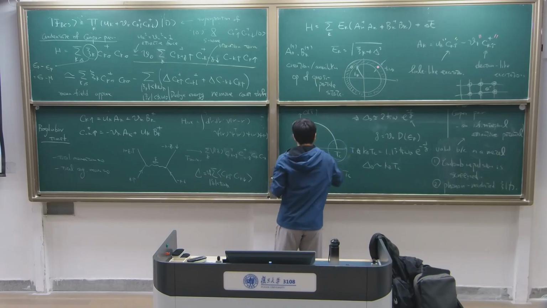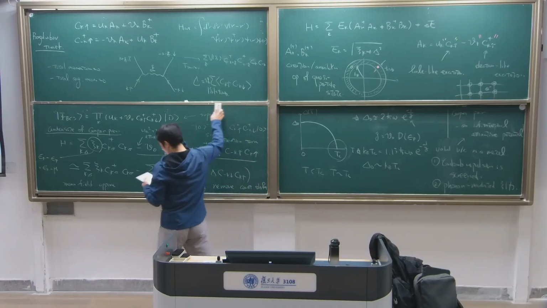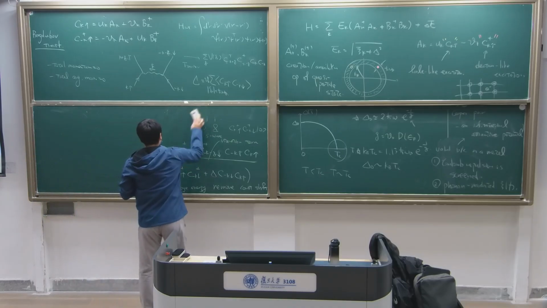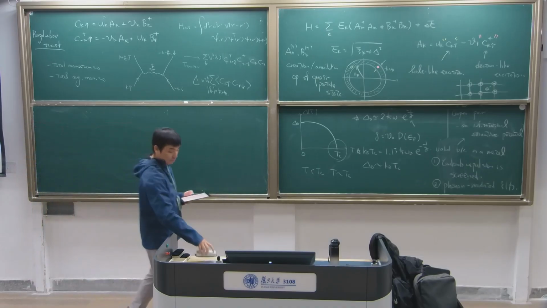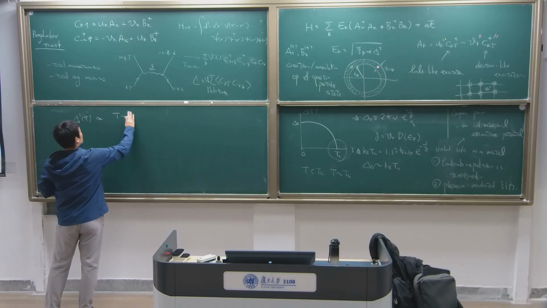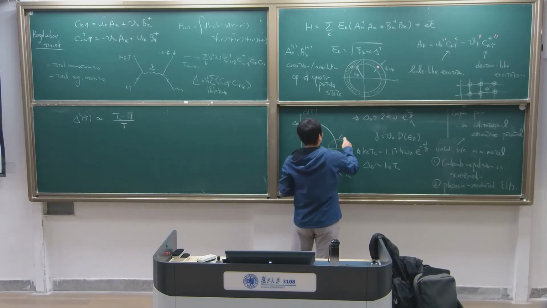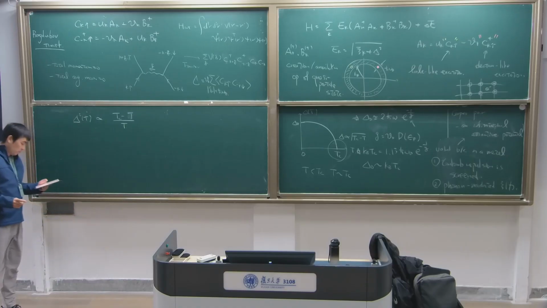We have derived that this behavior around here is that delta squared is proportional to Tc minus T. Therefore, around here, delta is proportional to the square root of Tc minus T. That's what we derived last time. Any questions at this moment?